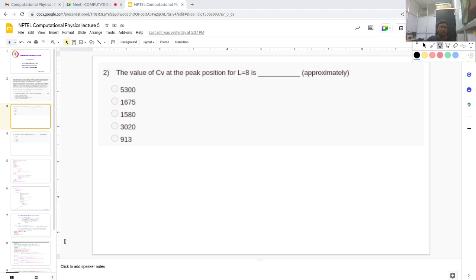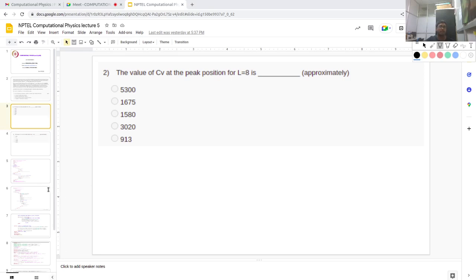You have written another code for that? Yes, yes. I already have the files from the first program, and then I am just calling all the arrays and giving the conditions. Now I have to answer two questions: the value of CV at which it is maximum, for L equals 8 as well as L equals 9.